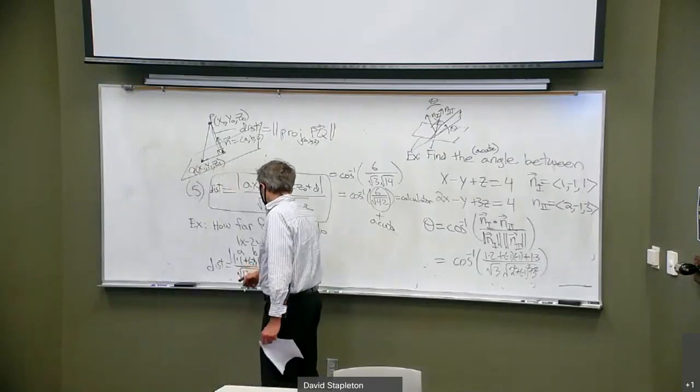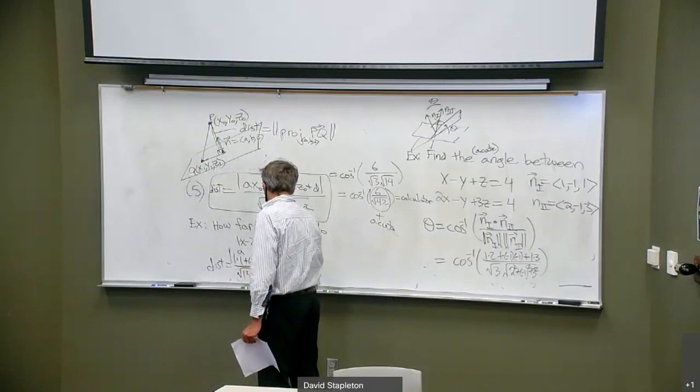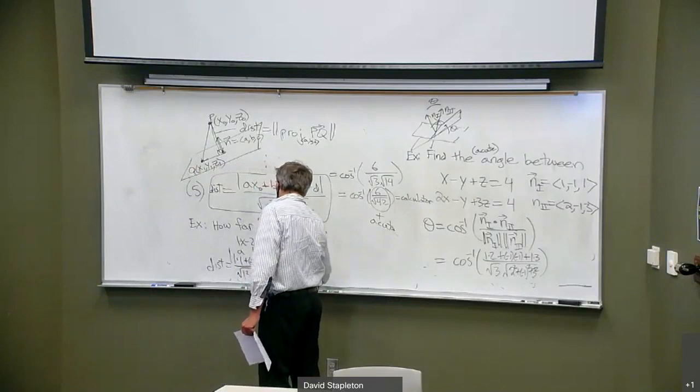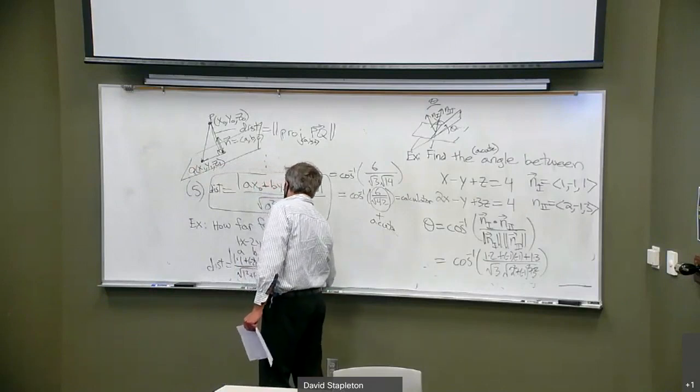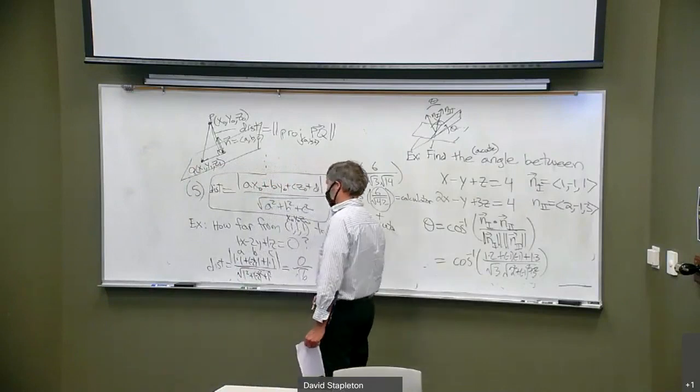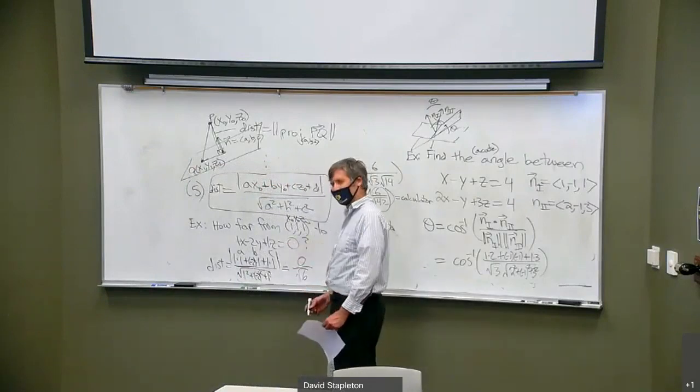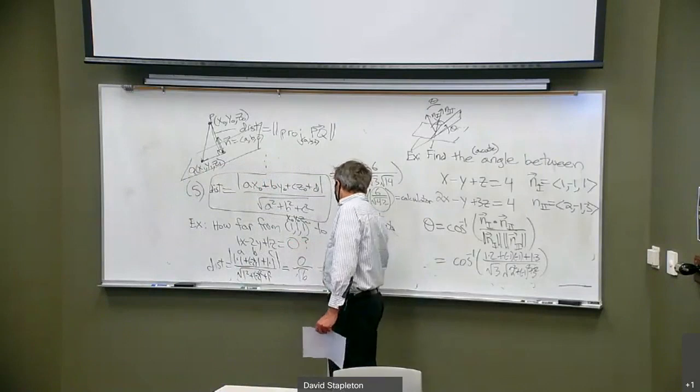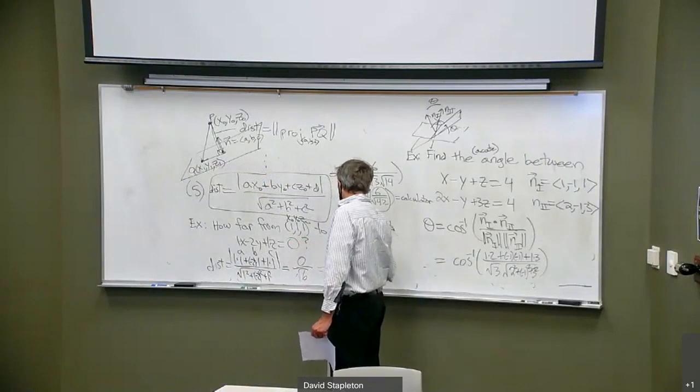So it's evidently 1 minus 2 plus 1, 0, over square root of 6. That's because this plane contains the point. So the point is on the plane in this case, but it works in general.